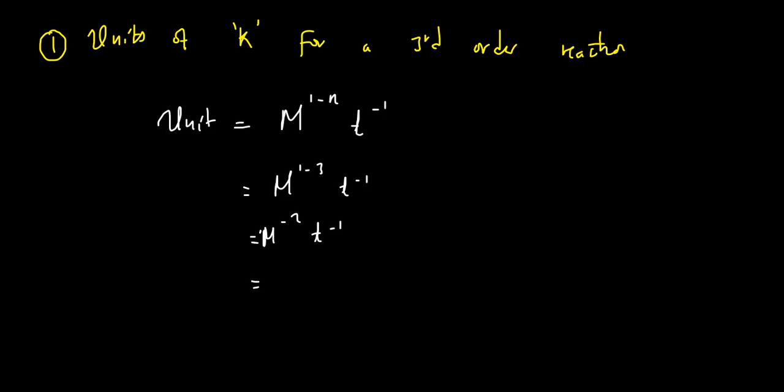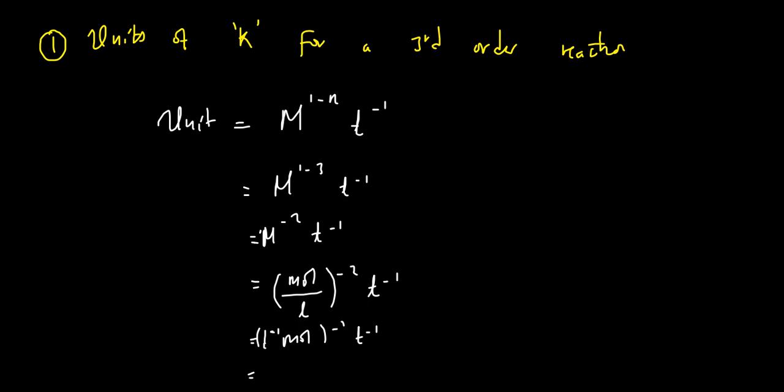This is the unit. If it's MCQ and you don't see this unit, molarity is also mole per liter or decimeter cubed. So I'll put mole per liter, raised to the power -2, and then time to the power -1. If I take the liter on top, it becomes mole. I can put liter here. The liter now will be raised to the power -1 because it has gone up. Raised to the power -2, and then time will be raised to the power -1.